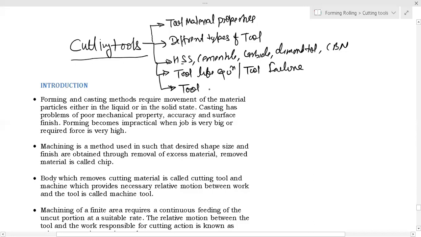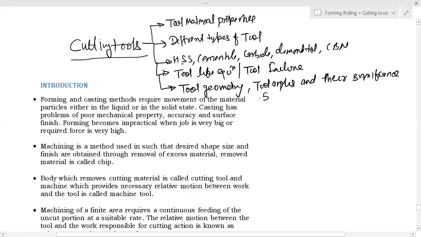Tool geometry, where different types of tools, tool angles, and their significance, that we'll study.